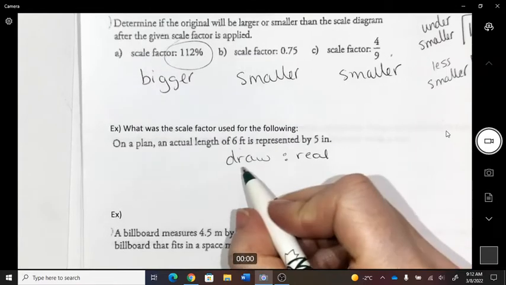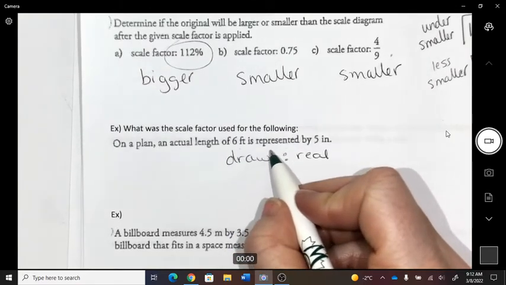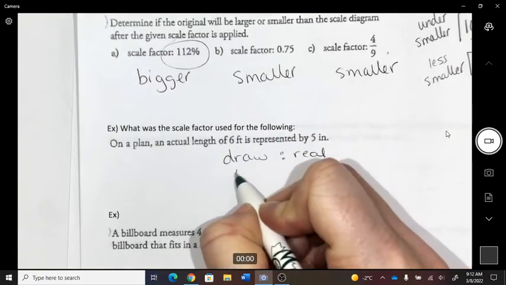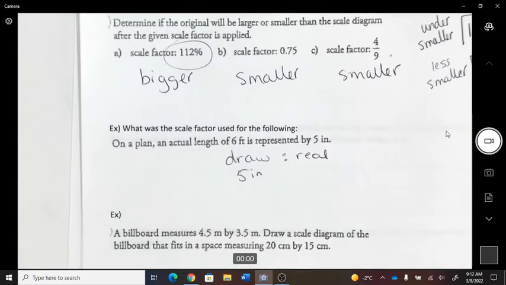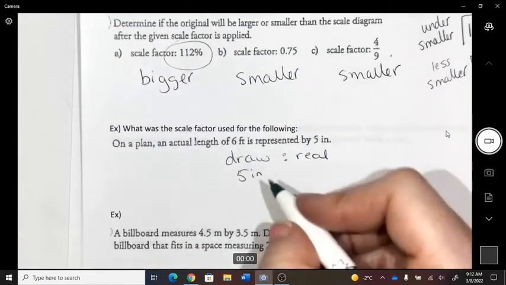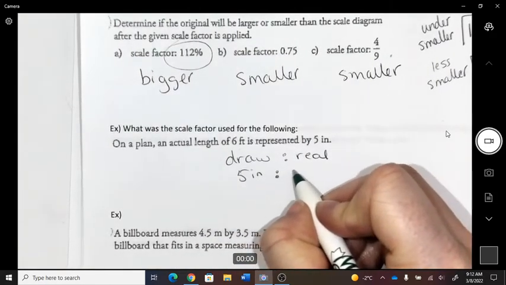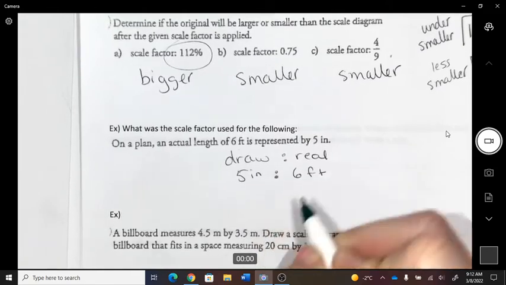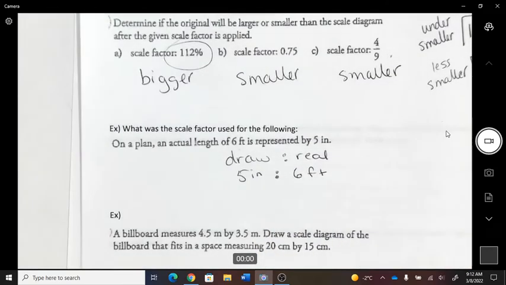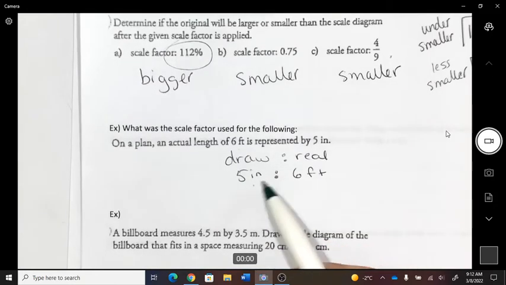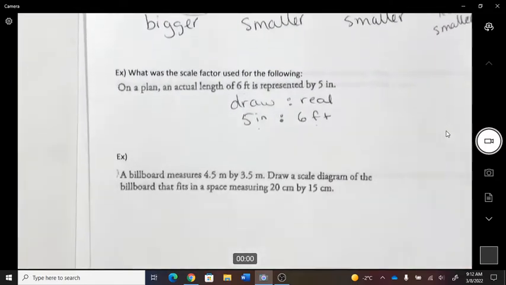So on the drawing, we represented this with 5 inches. And that 5 inches was used to represent 6 feet. So 5 inches on the drawing was us representing 6 feet in real life.